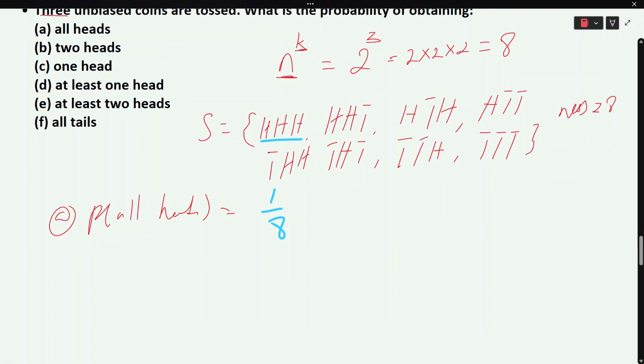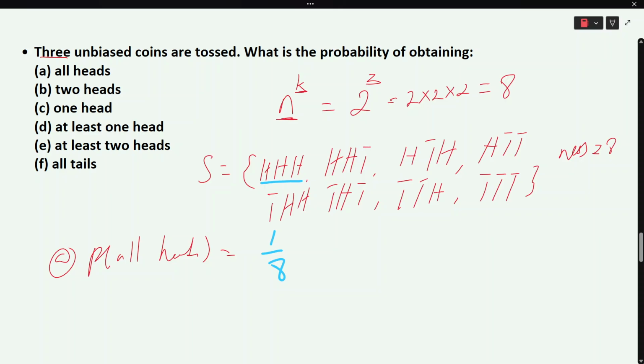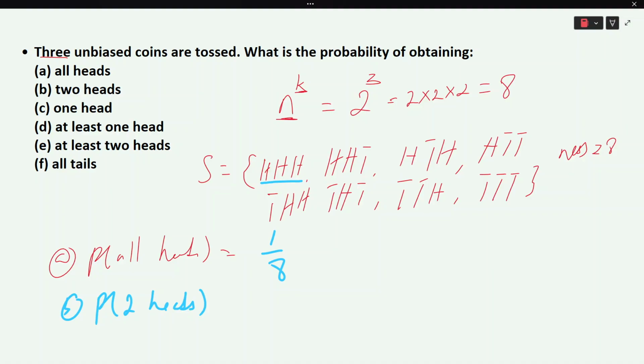Then the probability that we get exactly 2 heads: we have 1 here, another 1 here, and the last one, we have 3. So the probability of 2 heads is 3 over 8.